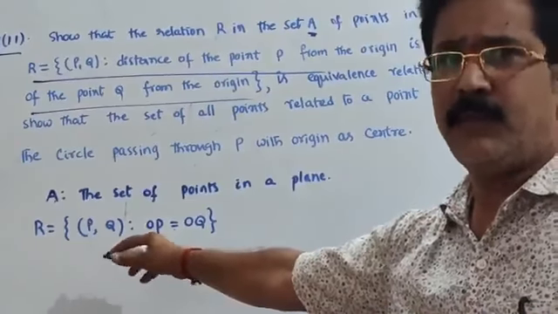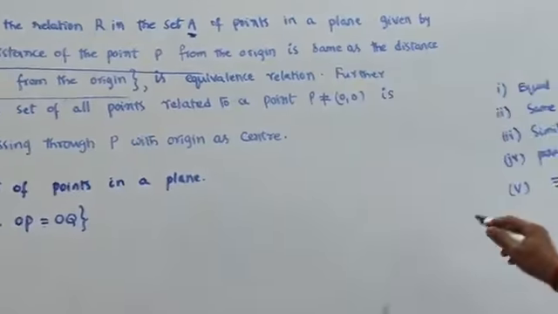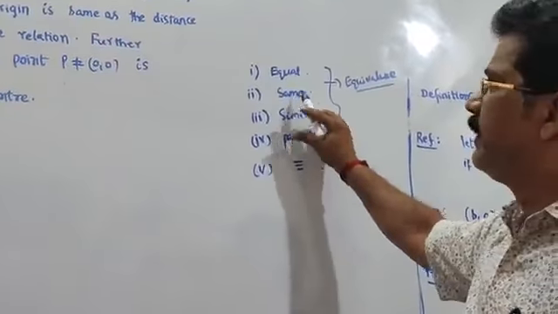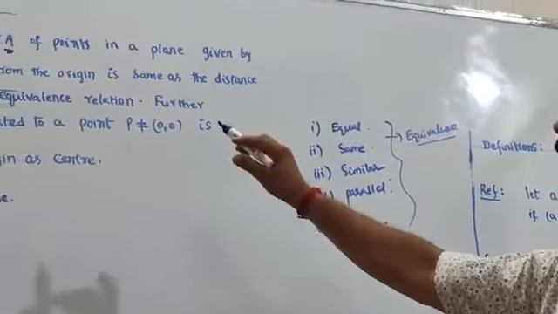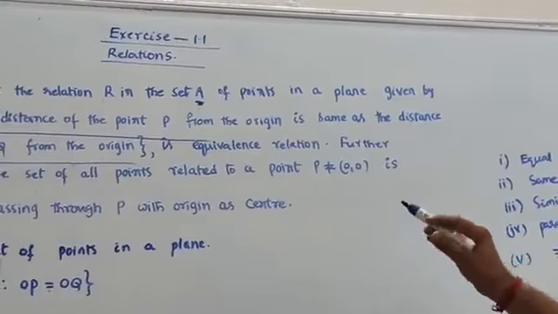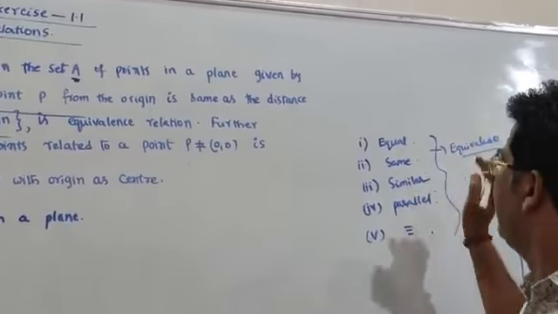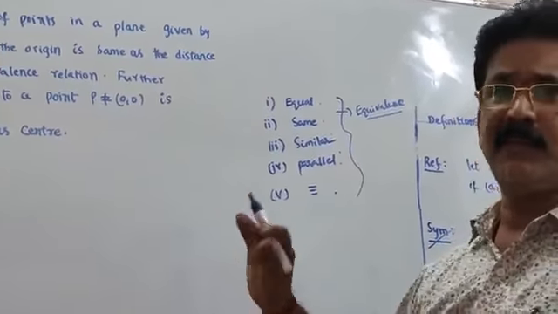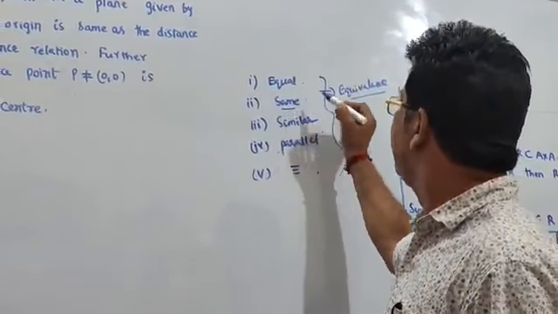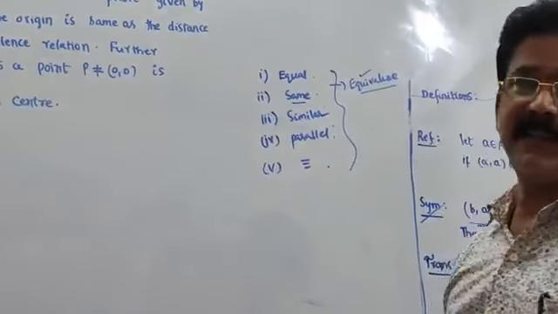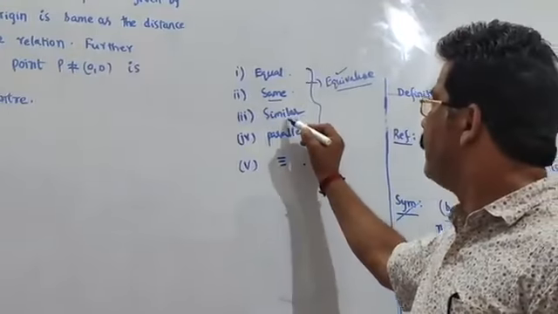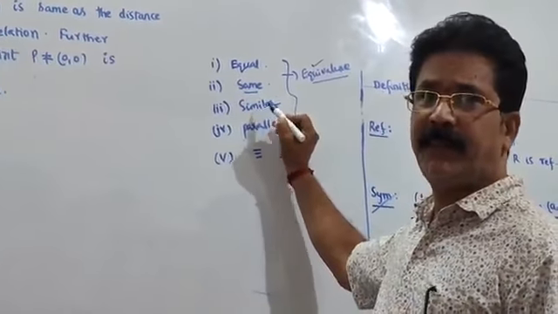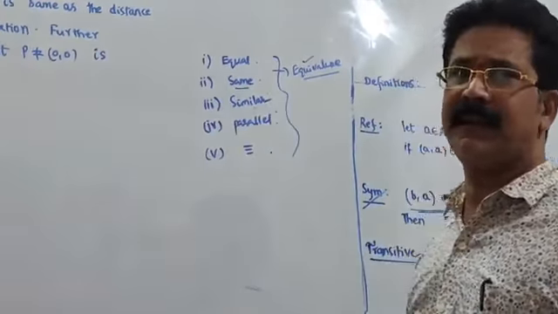Of course, we are going to prove it like that. Next, same. Suppose capital A, capital B, P and Q are two persons living in the same locality, or working in the same locality. If the word same is there, definitely it is an equivalence relation. Next, similar especially appears in triangles, similar triangles.